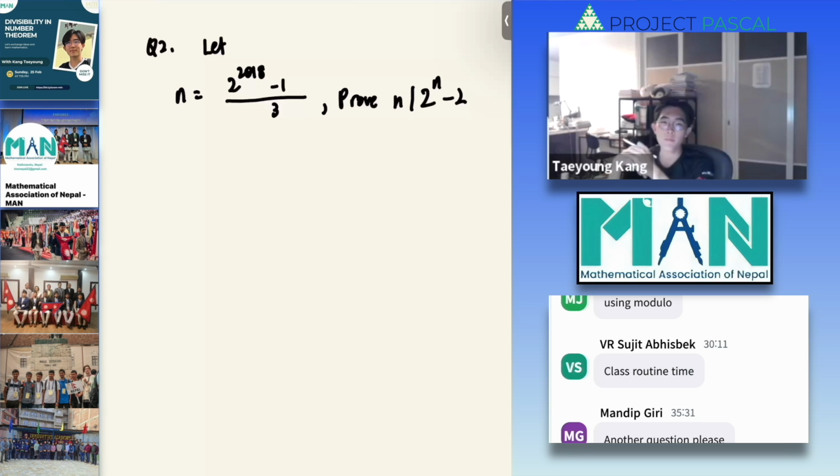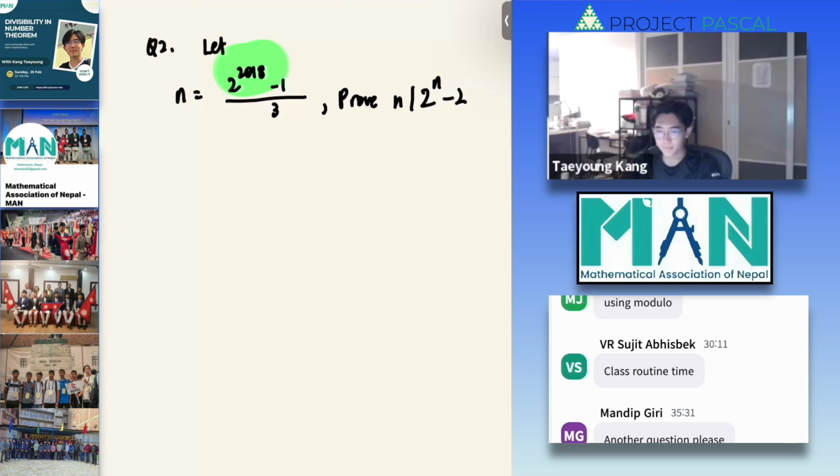As I mentioned earlier, Fermat's little theorem is a very good tool when it comes to reducing very big powers like this into smaller powers. It's very hard to compute 2 to the power of 2018, let alone 2 to the power of 2018 minus 1, divided by 3.